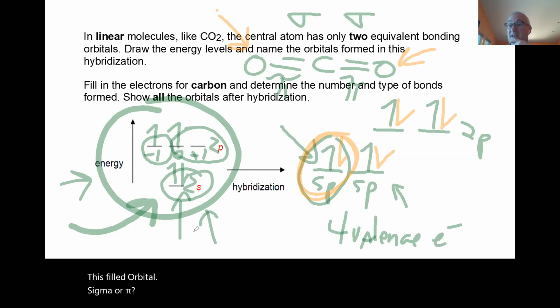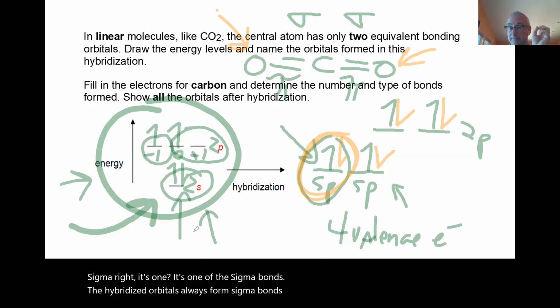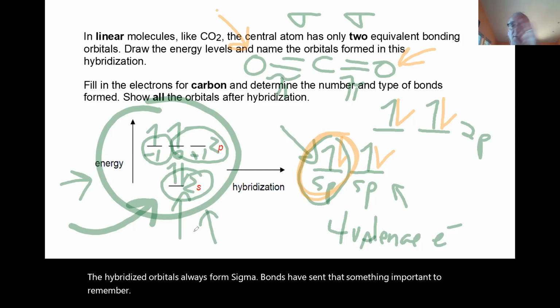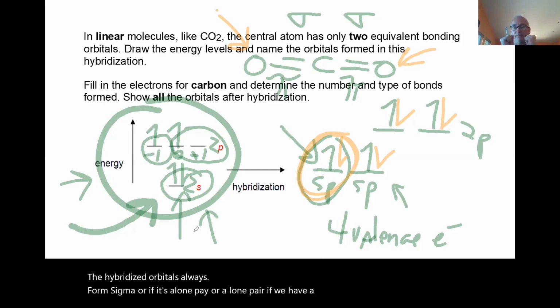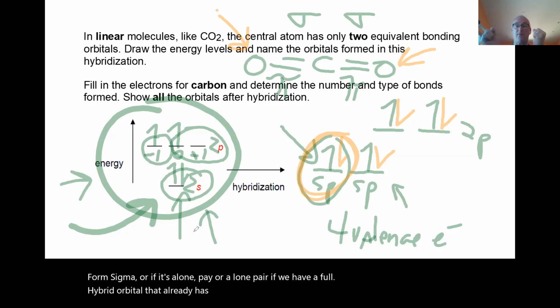Sigma. Sigma, right. It's one of the sigma bonds. The hybridized orbitals always form sigma bonds. That's something important to remember. The hybridized orbitals always form sigma bonds, or if it's a lone pair, if we have a full hybrid orbital that already has two electrons in it, remember, if an orbital has two electrons in it, it's done.